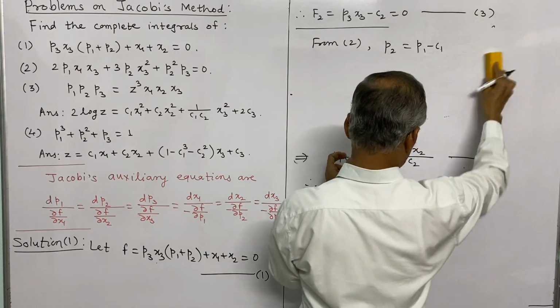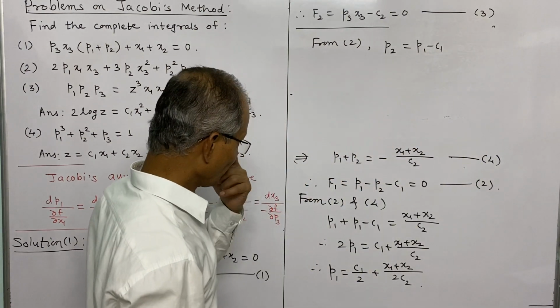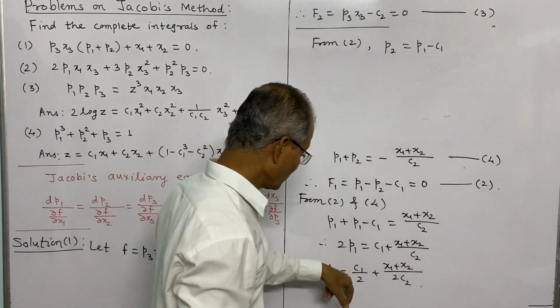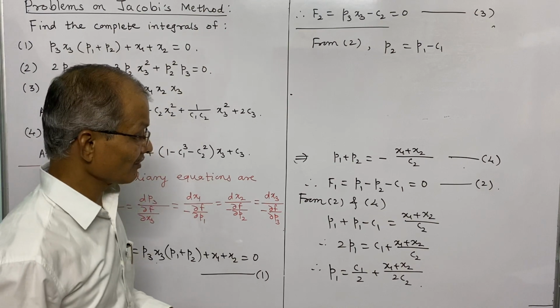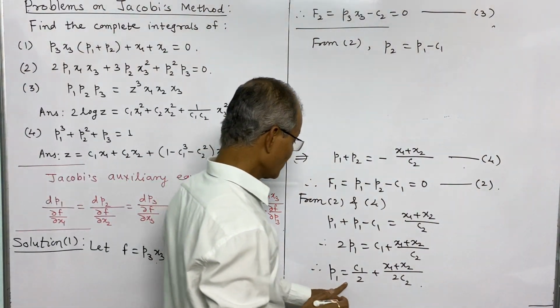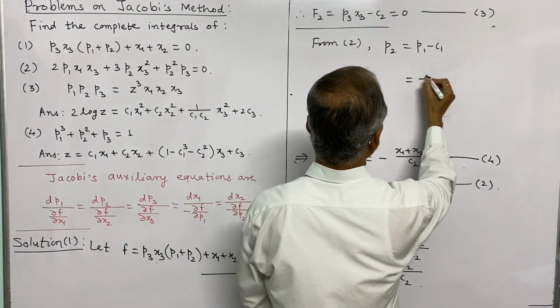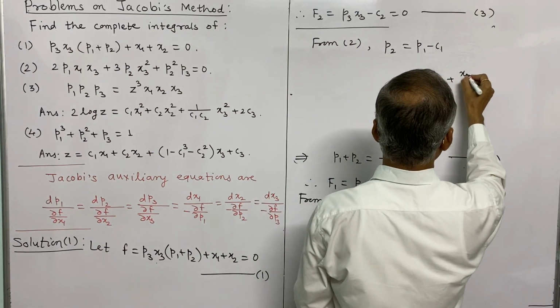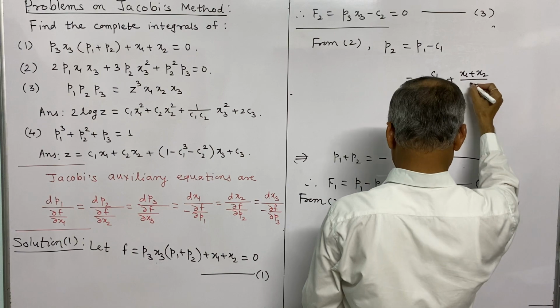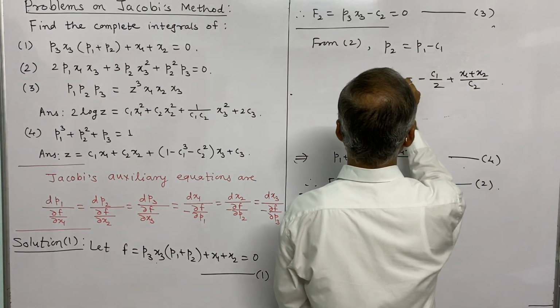And what is P1? P1 we have here. And minus C1 we have to write as it is. That will be C1 by 2 minus C1, means it is negative C1 by 2. So therefore P2 is equal to negative C1 by 2 plus (x1 plus x2) divided by C2. So this is P2 we have obtained.